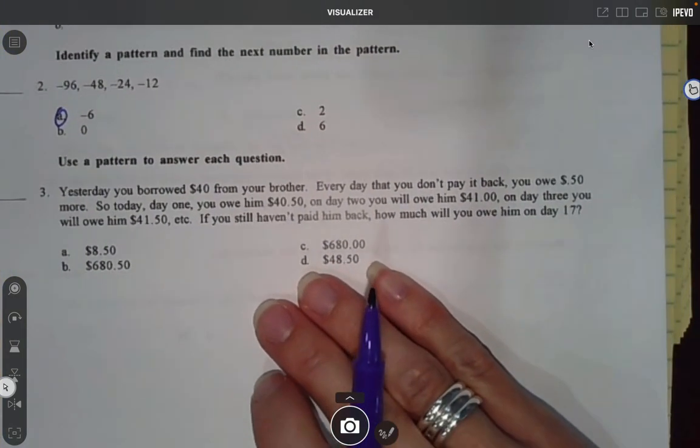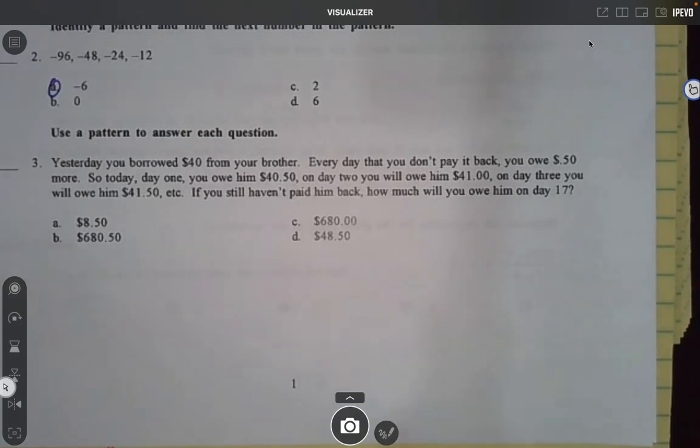Then this one, they also looked at a pattern. I said there was one like number 2. I don't know that there's one like this one, but we're going to go over it because it might be on your test eventually. It says, yesterday you borrowed $40 from your brother. So you already owe him $40.